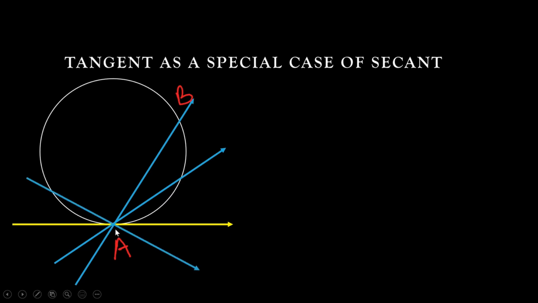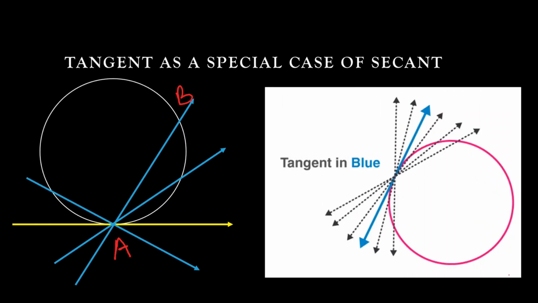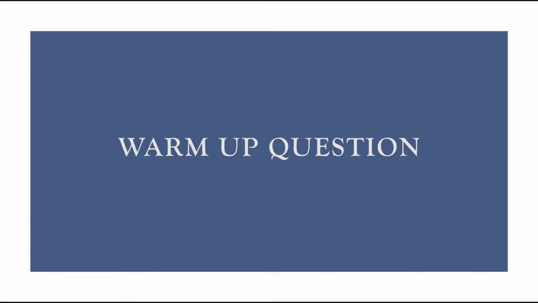The interesting thing to note is that we can draw infinite secants, but only one tangent for a particular point and the circle. Clear?